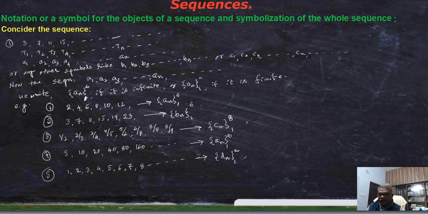Now D1, D2, etc. I mean D1 is equal to 1, D2 is equal to 2, so on and so forth. Similarly, in the other cases which you can consider.